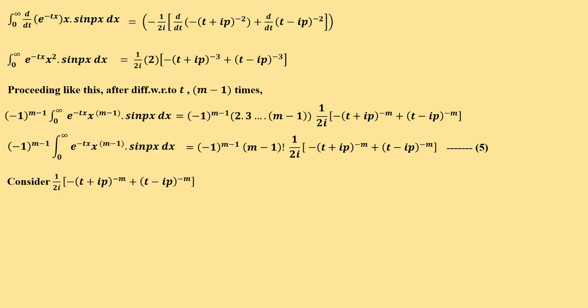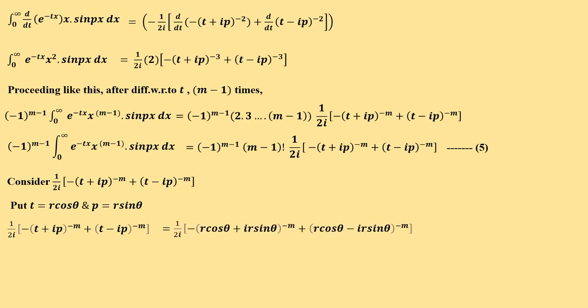Now you consider 1 by 2i (minus t plus ip) whole power minus m plus (t minus ip) whole power minus m. So put t is equal to r cos theta and p is equal to r sin theta. So 1 by 2i (minus t plus ip) whole power minus m plus (t minus ip) whole power minus m, which is equal to 1 by 2i, replacing t by r cos theta and p by r sin theta.